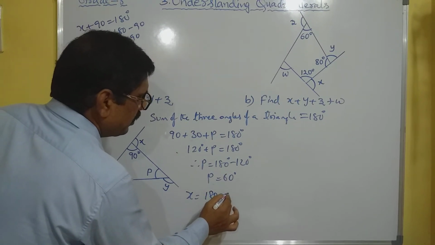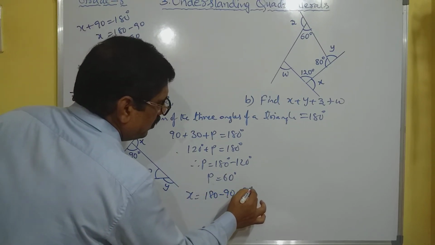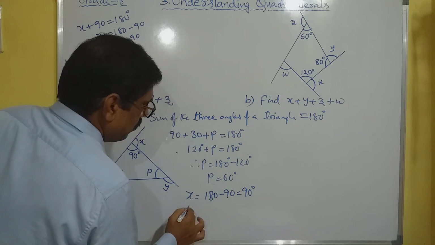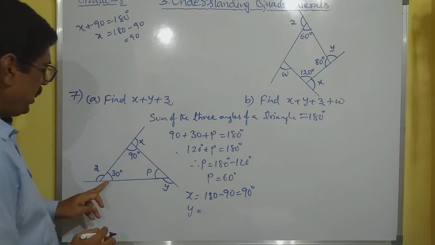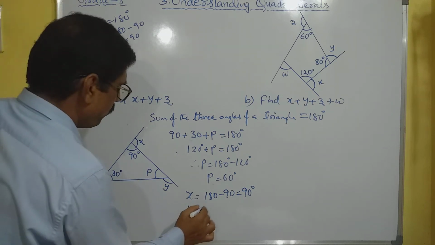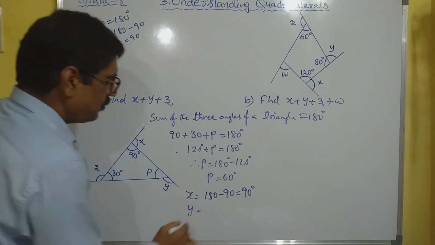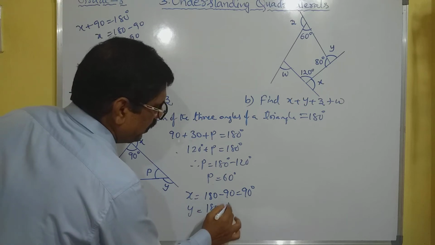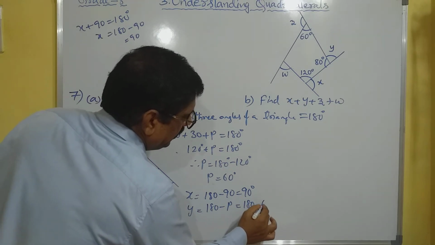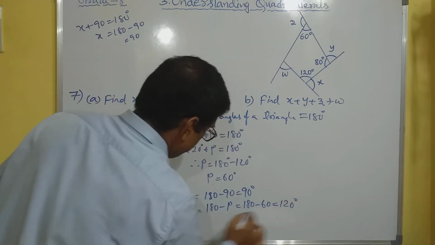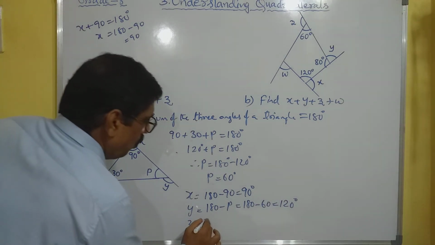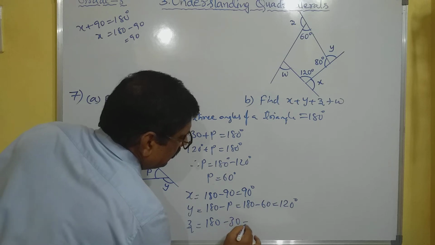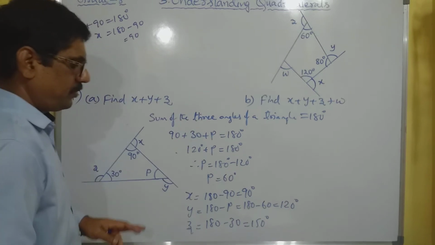So 180 minus 90 is equal to 90, and y is equal to, what is y? p plus y is 180. p value is 60, so 180 minus 60 is equal to 120 degrees, and z is equal to 180 minus 30, which is 150 degrees.